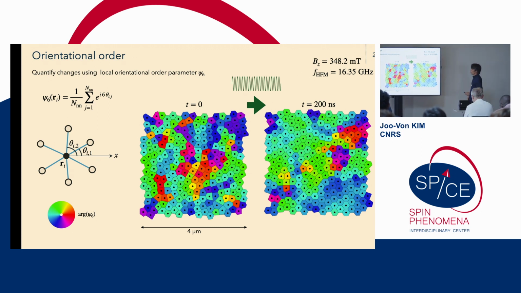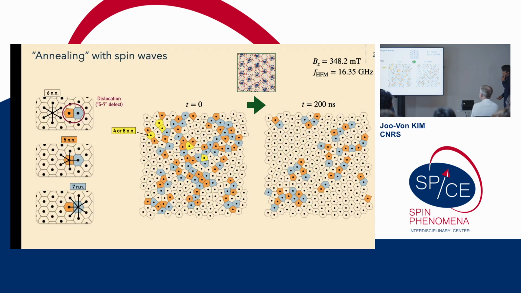So the point being that initially we find a system that is more or less disordered in terms of orientation, but after the application of these RF signals, we have improved somewhat the domain structure in this skyrmion lattice. We can also analyze the improvement in terms of these 5-7 defects I spoke of earlier.